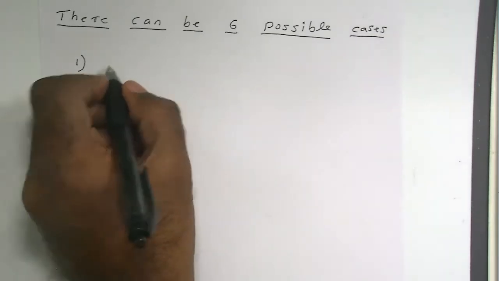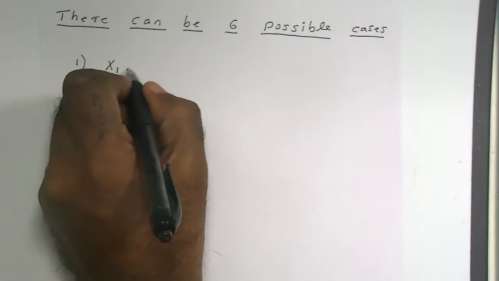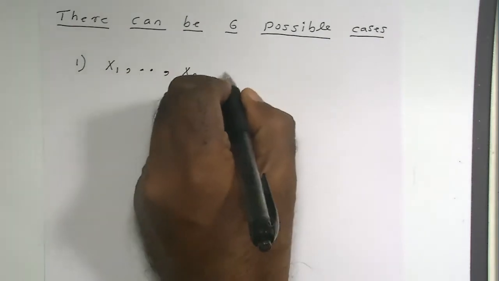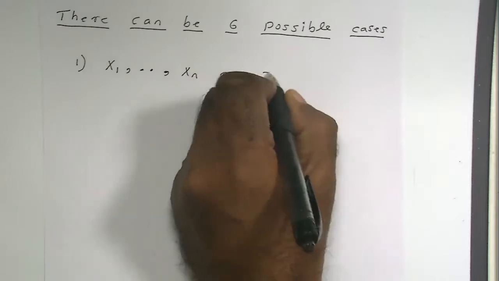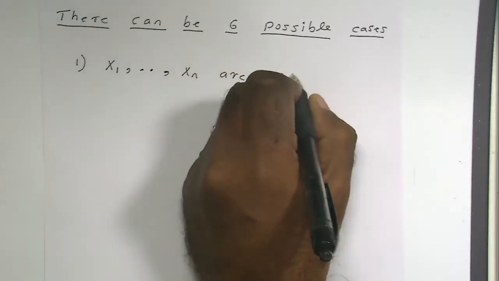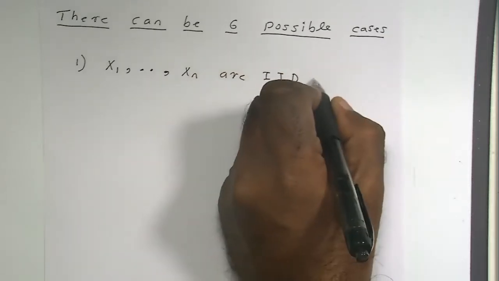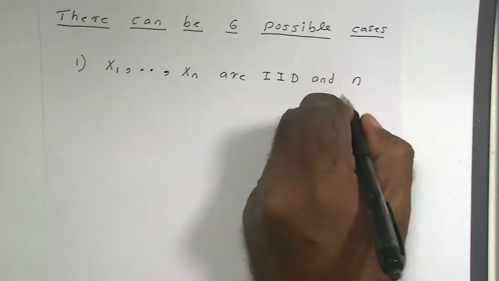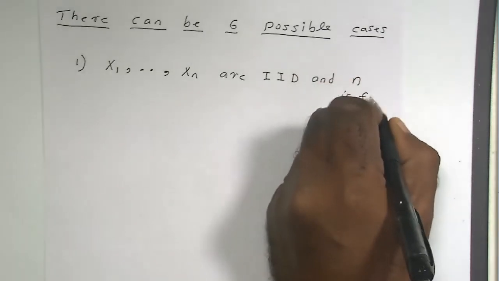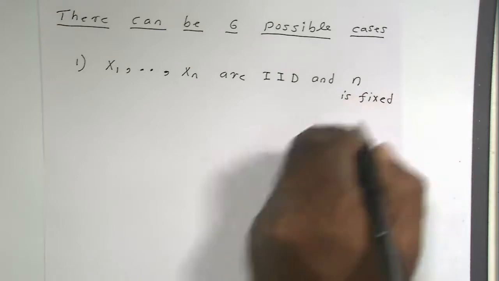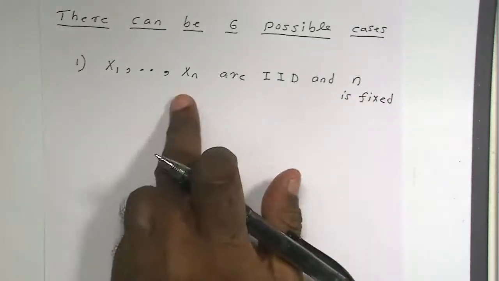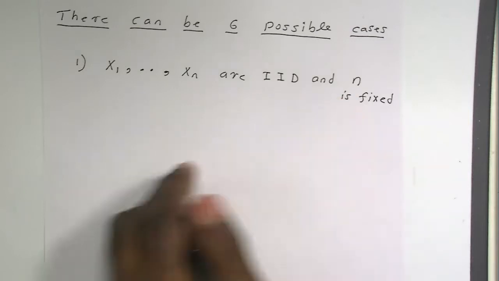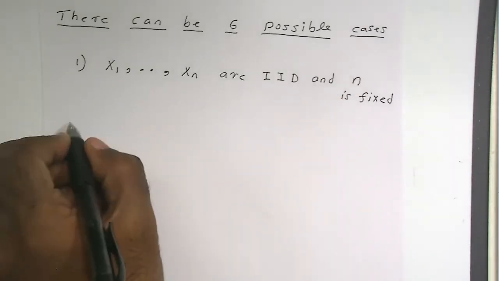Case 1 is that the losses are independent and are identically distributed, and n is fixed, right?